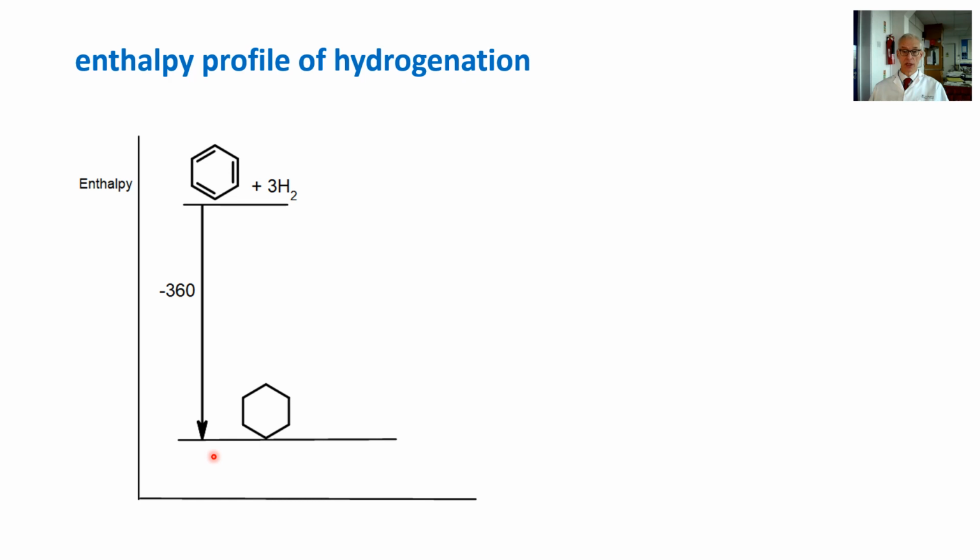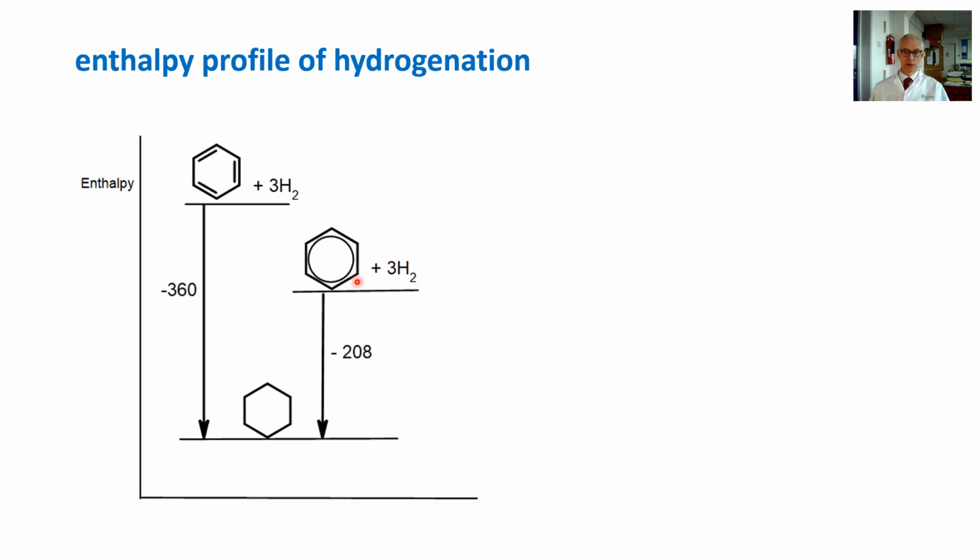Okay, so I would place, not quite to scale, the representation of a hexagon with a circle for real benzene, plus 3 hydrogens. That only releases 208 kilojoules per mole to make the same product, cyclohexane. So Kekule benzene plus 3 hydrogens makes cyclohexane, real benzene and 3 hydrogens makes cyclohexane.